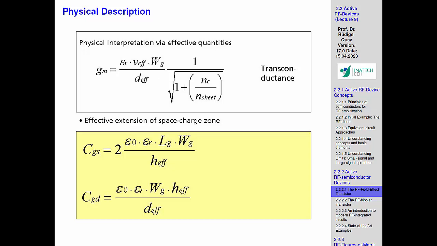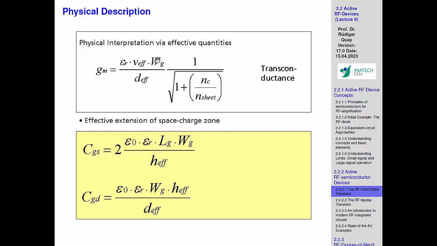If we make a big area transistor, it has a larger transconductance because the absolute current changes linearly with the width. However, why doesn't this affect speed? Because the capacitance also goes up the same way. So this is not really something where we can optimize the technology. So this is not helpful.